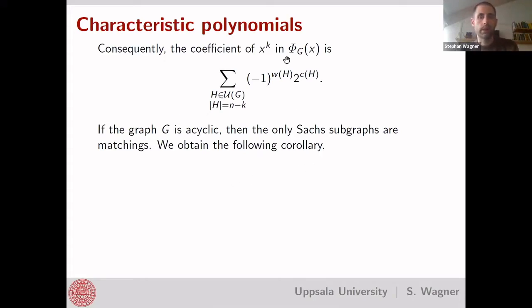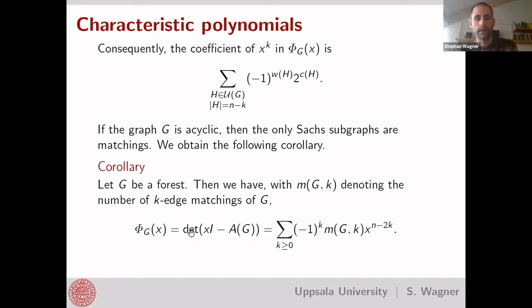That's the only subgraphs that there are in an acyclic graph. And then, plugging in, basically, one obtains a nice little corollary that if a graph is a forest, so all its components are trees, then the coefficients here in the characteristic polynomial count precisely how many matchings there are with exactly k edges.